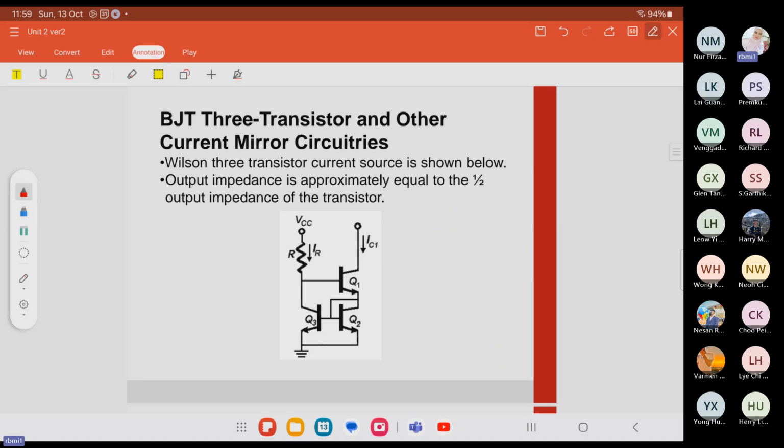For IC1, we have IC1 equals beta squared plus 2 beta over beta squared plus 2 beta.